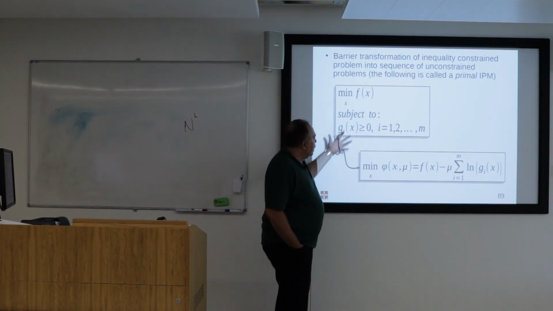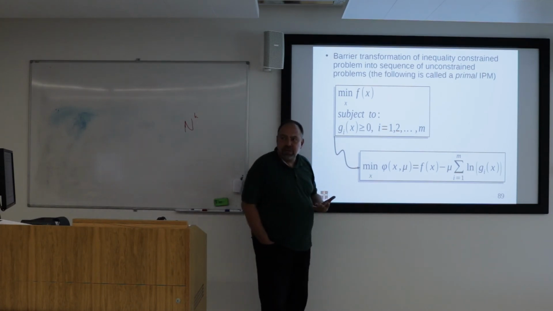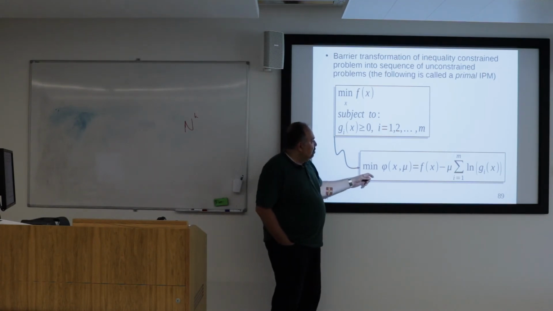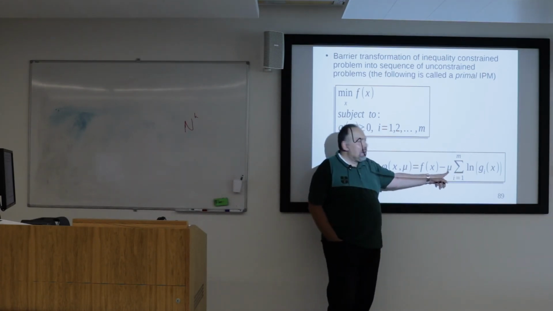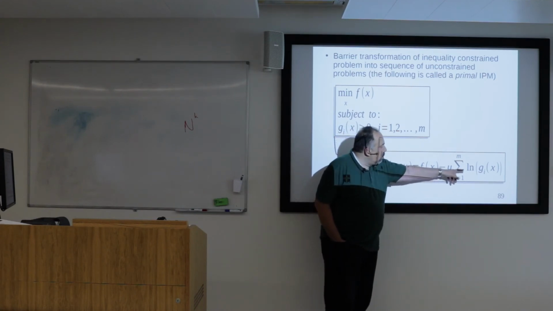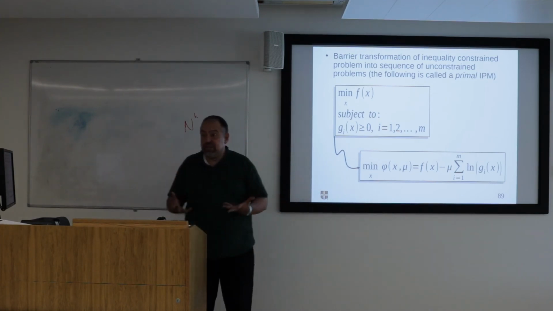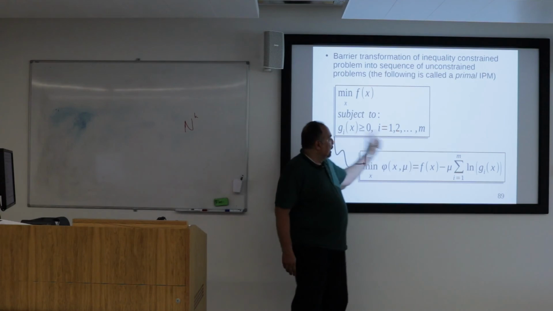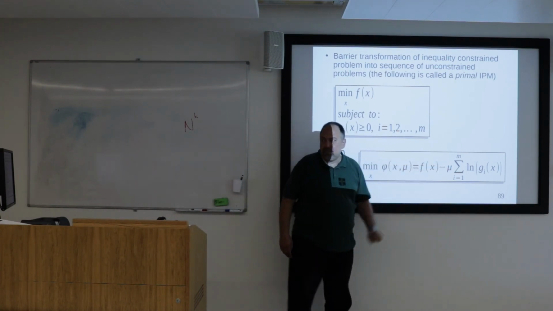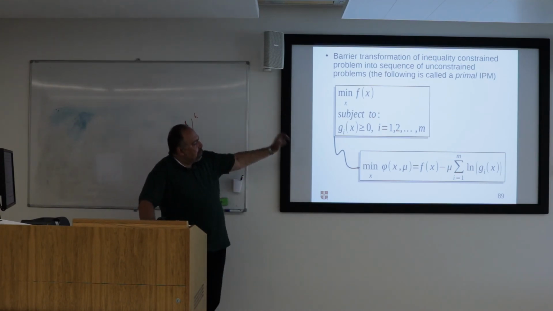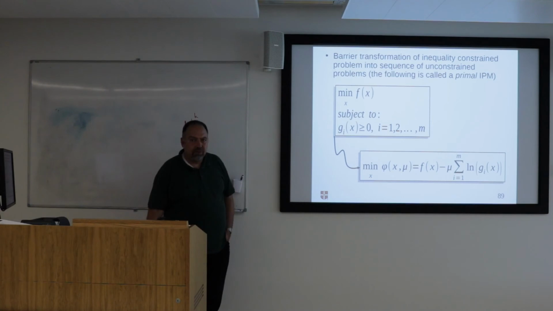The way we turn it into an unconstrained problem is by using a barrier parameter mu, and summing up all the logarithms of the inequality constraints, which have to be strictly feasible. Otherwise, you wouldn't be able to plug in here a negative number into the logarithm. So this reformulates the constrained problem into an unconstrained one.